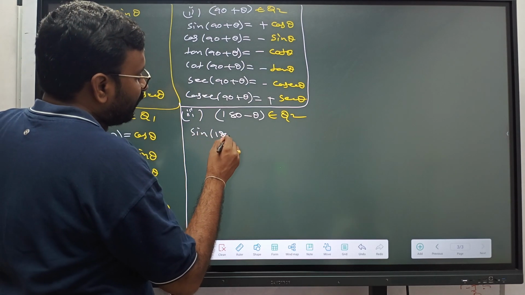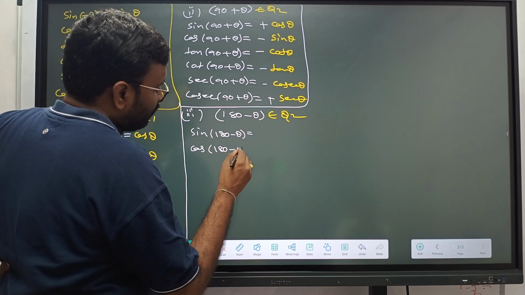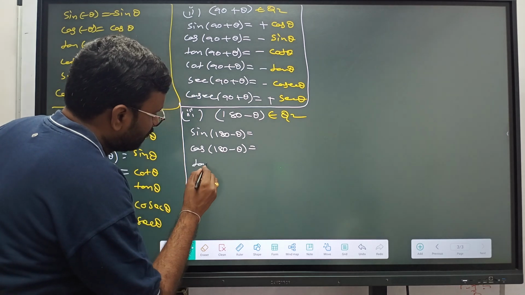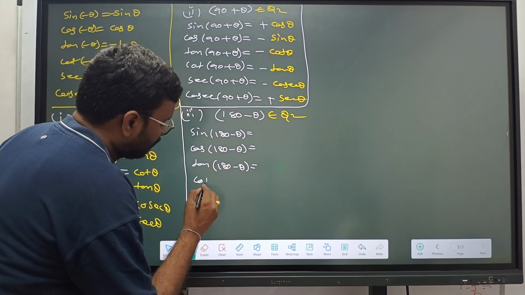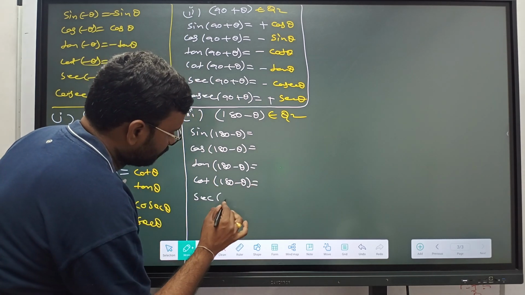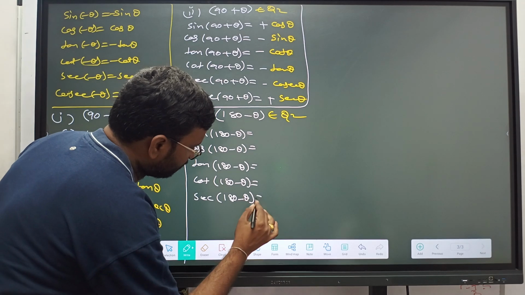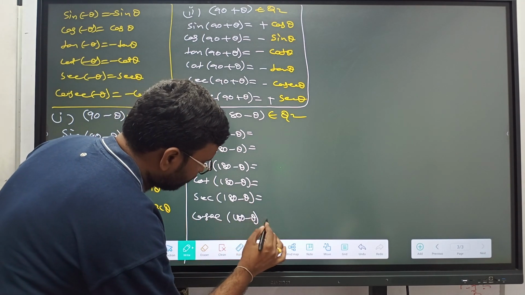Sine of 180 minus theta, cos of 180 minus theta, tan of 180 minus theta, cot of 180 minus theta, secant of 180 minus theta, cosecant of 180 minus theta.